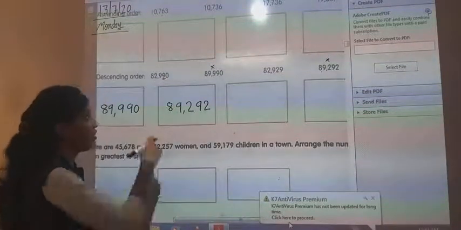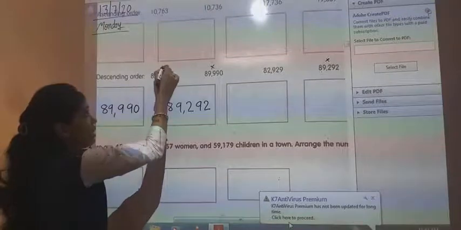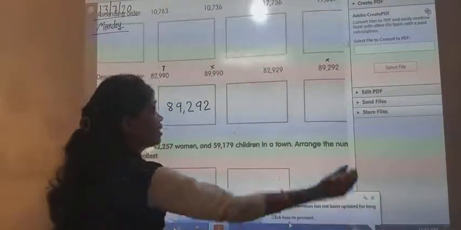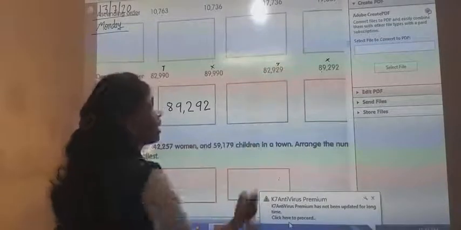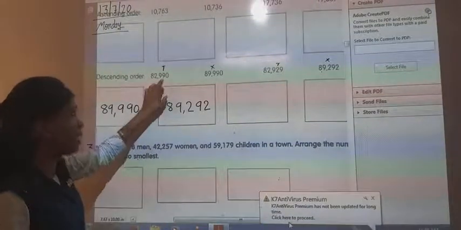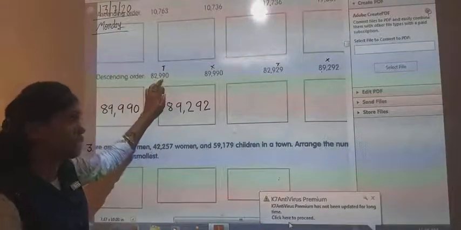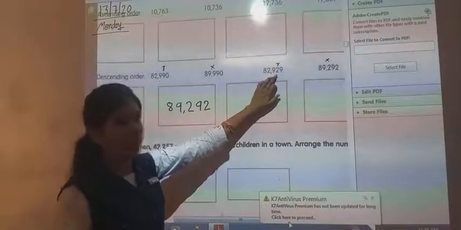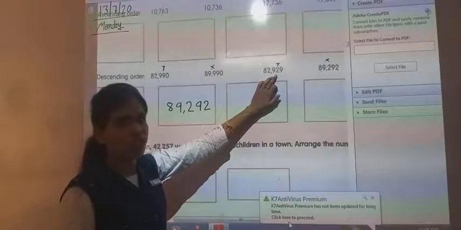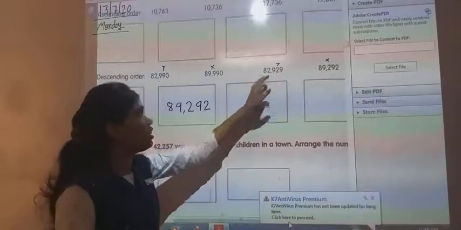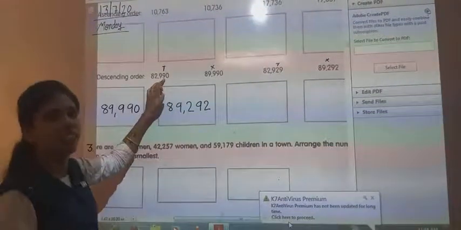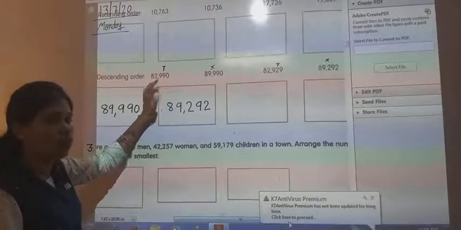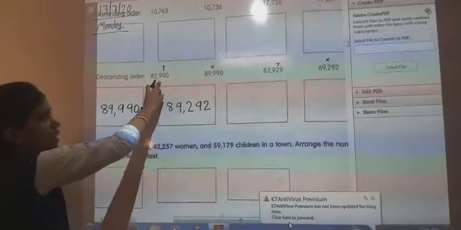Yes, tens is the next place. Now compare. We have 9 in the tens place and in the other number we have 2 in the tens place. So which number is greater? Yes, right. 9 is the greater number. So this number is greater.